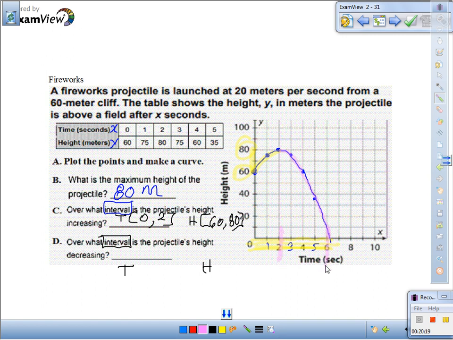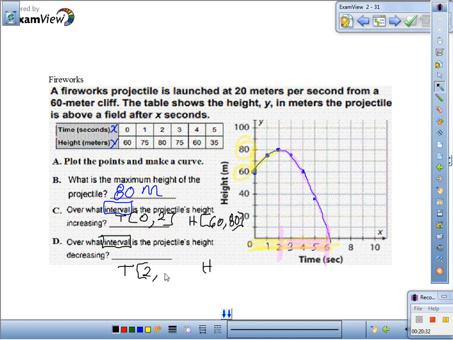At 2, and it goes all the way to what? 6 or 6 point something. That's for the time. So, what would we write? Bracket 2, comma 6. I'll take that for right now. That's fine. What's that? 5? Okay, 6.